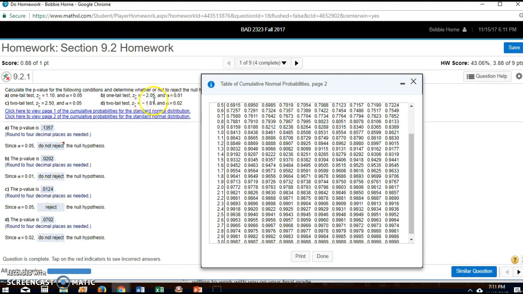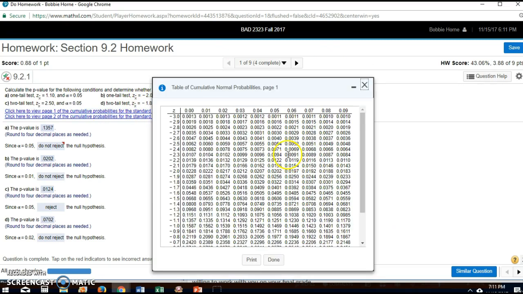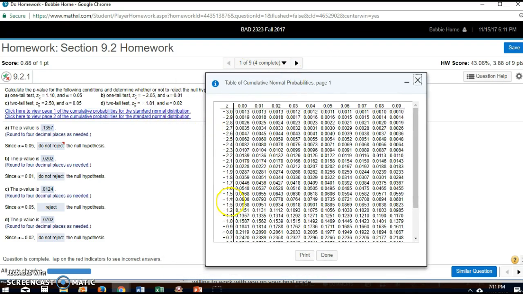Now, the two-tailed test here will be easy because I know the area to the left of -1.81 will be the value in the table, because the value in the table is always the area to the left of it. And that is 0.0351.